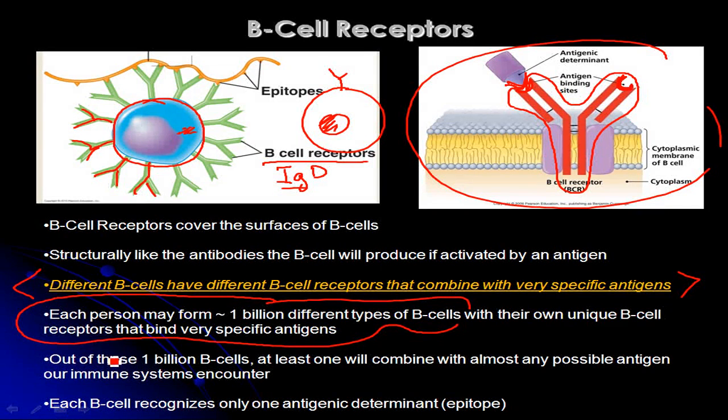Now, since we have so many different types of B cells, what that means is no matter what antigens you get exposed to, you're probably going to have one or more B cells located in your lymph nodes, your tonsils, those other lymphatic tissues that, if they encounter their corresponding antigen, you're going to have one somewhere that can respond to it, one or more, hopefully more than just one.